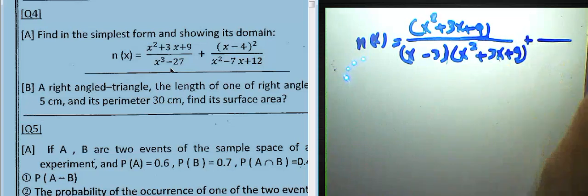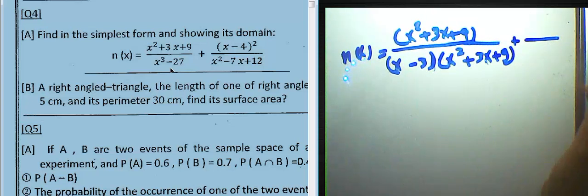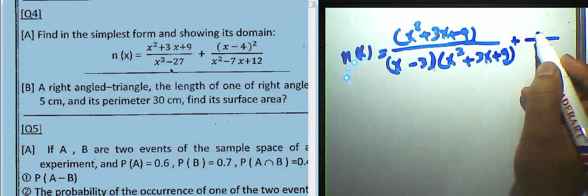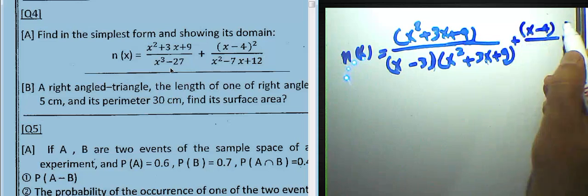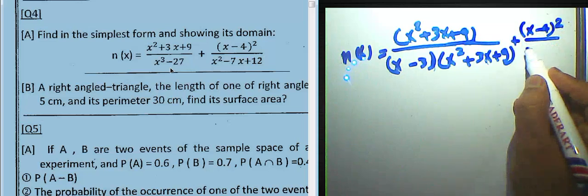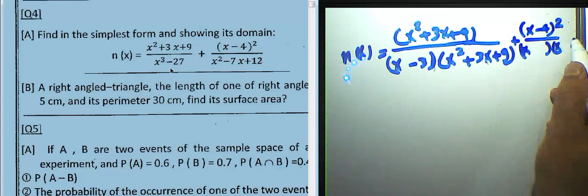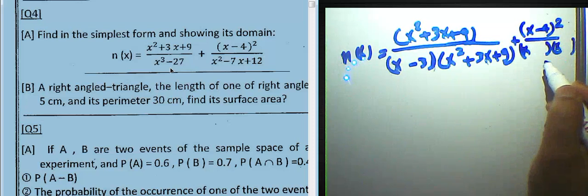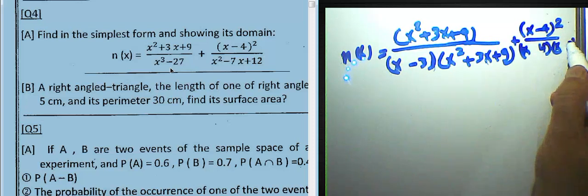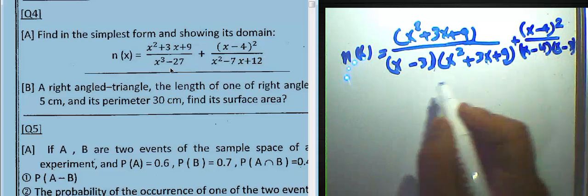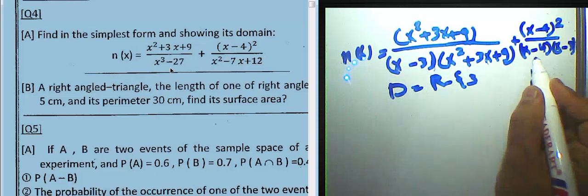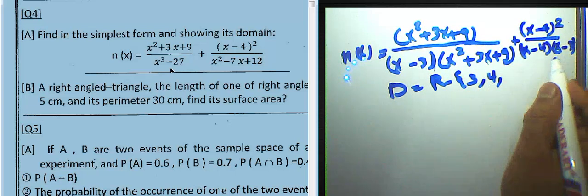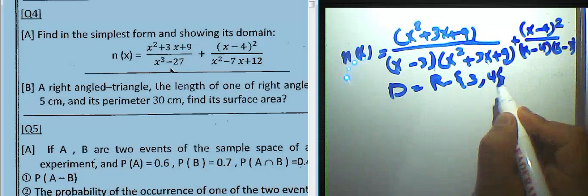Plus (x - 4)² over x times x, and 3 times 4, 4 and 3, and the sign here negative and negative. The domain will be R minus {3, 4}, and we have 3 again, don't write 3 again.